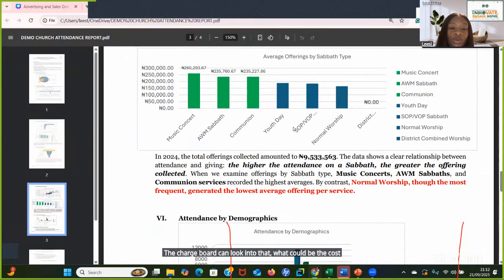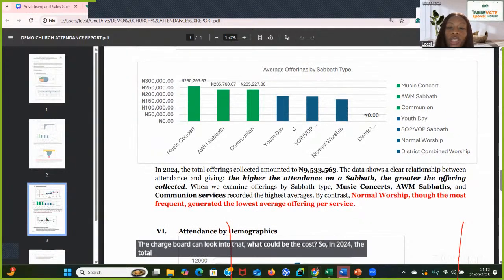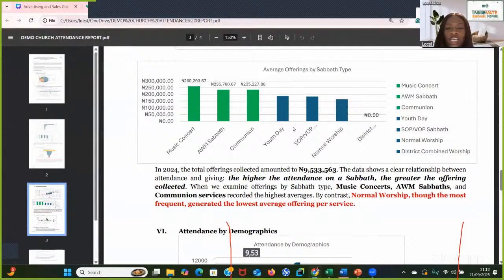So in 2024, the total offerings collected amounted to 9,533,563. Now, this is the total amount of offering collected in 2024. However, the data shows a clear relationship between attendance and giving. The higher the attendance on a Sabbath, the greater the offering collected.